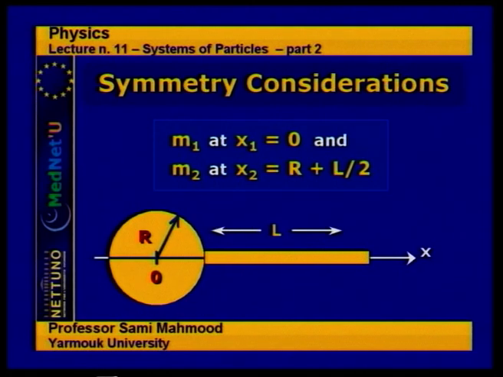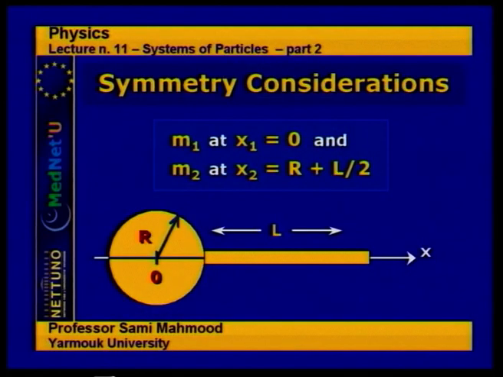definition for the center of mass in terms of an integral over the coordinates of the body, it would seem difficult to evaluate such an integral given the shape of these objects.